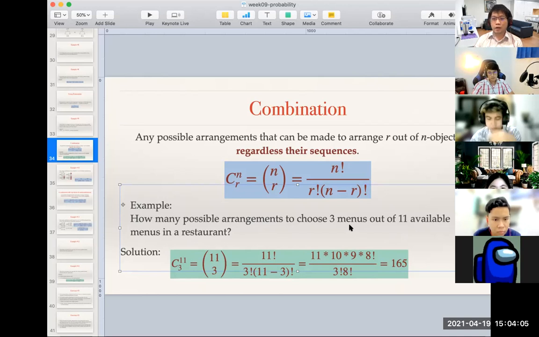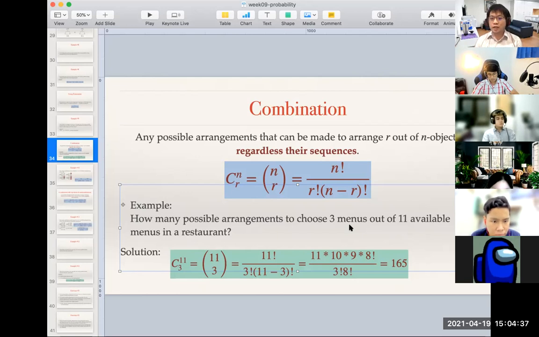Of course, if we are talking about a fine dining experience, where you have the appetizer, the main course, and the desserts, then the order, the sequence, matters. The restaurant usually has several selections of appetizers, several options for the main course, and the desserts are also the same.